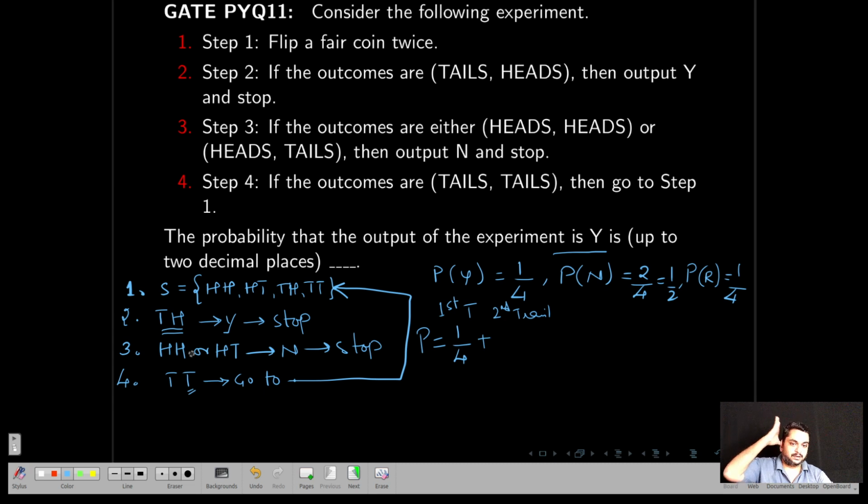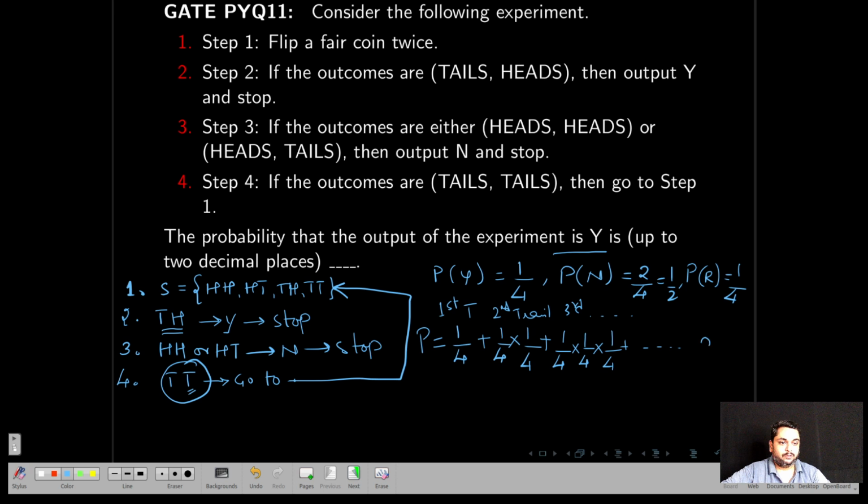To go to the second trial, I have to get the repeat case, which is 1 by 4. And in the second trial, I can stop only if I get Y, that is again 1 by 4. Plus, even if this trial also fails, the other option is the third trial. So it will be 1 by 4 into 1 by 4, because 2 trials have to fail, and then multiply by the probability of Y. Like that you go on and on.